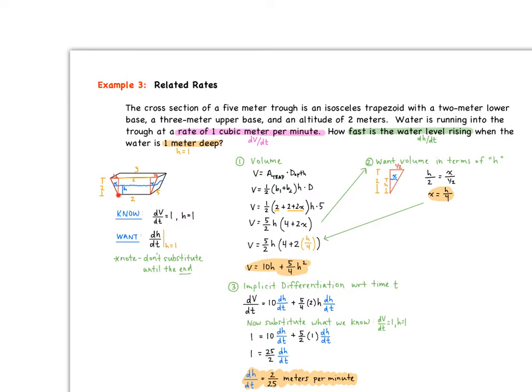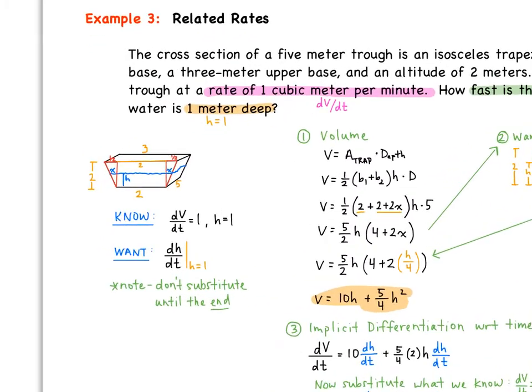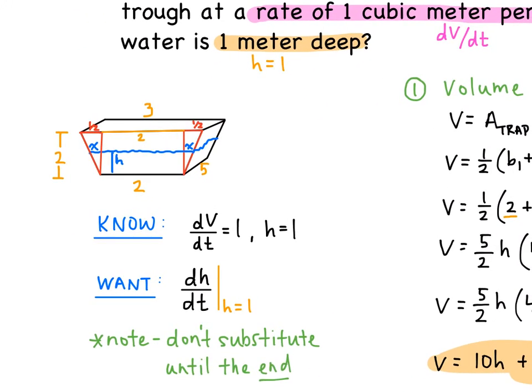A 3 meter upper base, that's this piece here or here. And an altitude of 2 meters, so that's this red piece here on the diagram. That blue represents the water, and that blue H represents the height of the water.